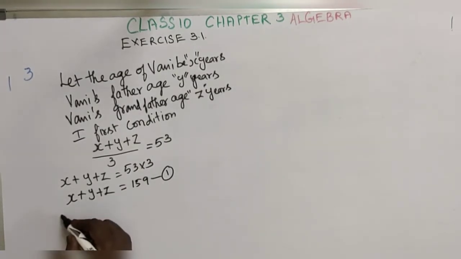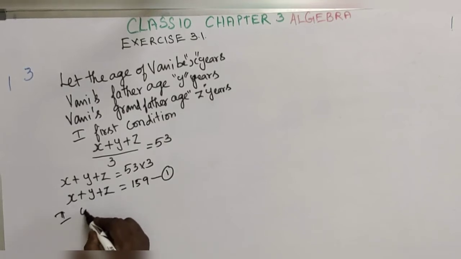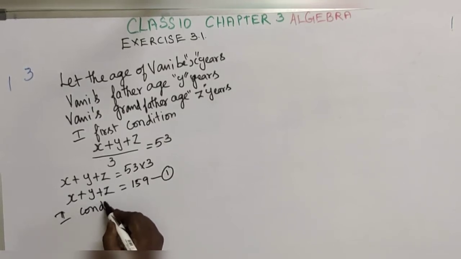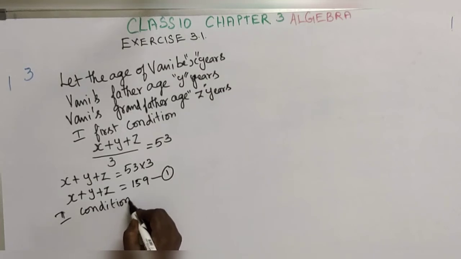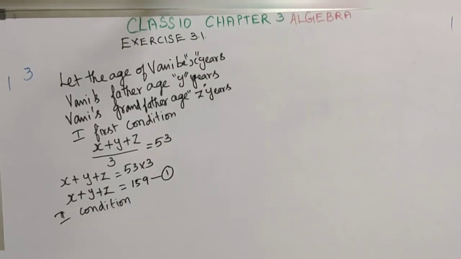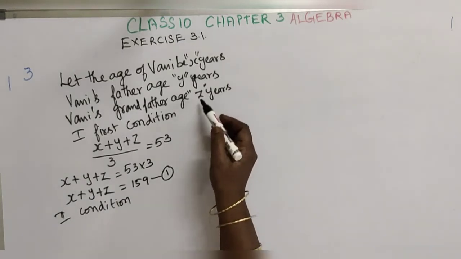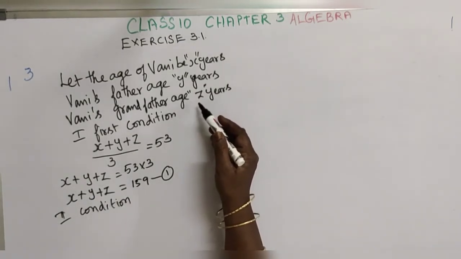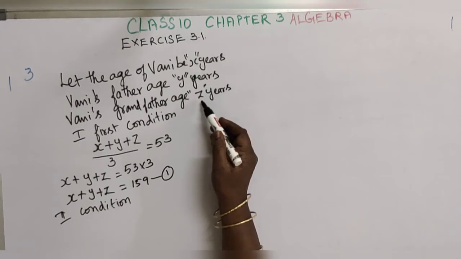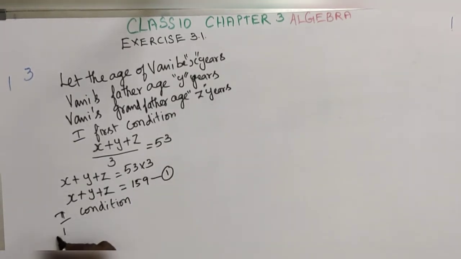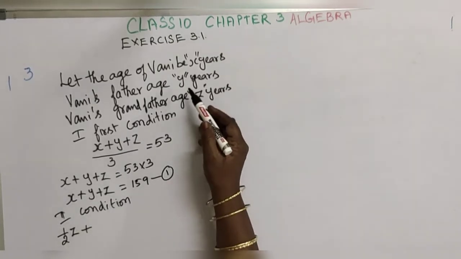Now according to the second condition: one half of her grandfather's age. Grandfather's age is z, so one half of grandfather's age means 1 by 2 into z, plus 1/3 of her father's age.